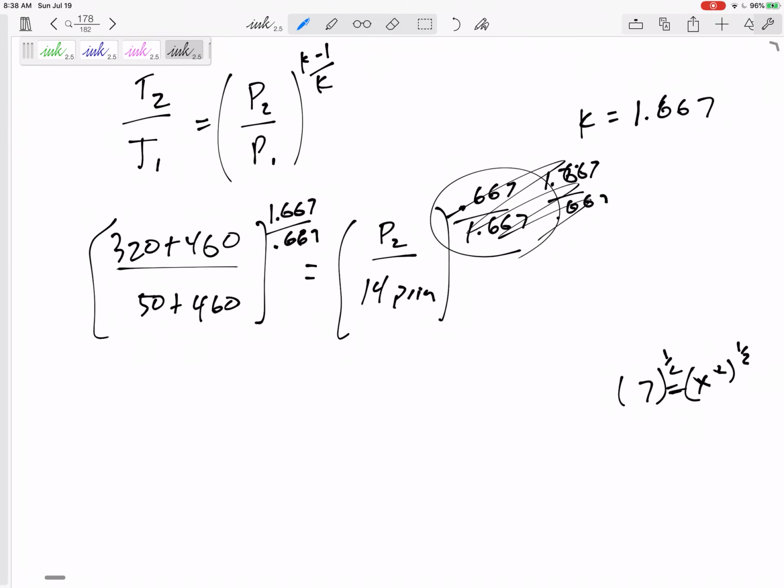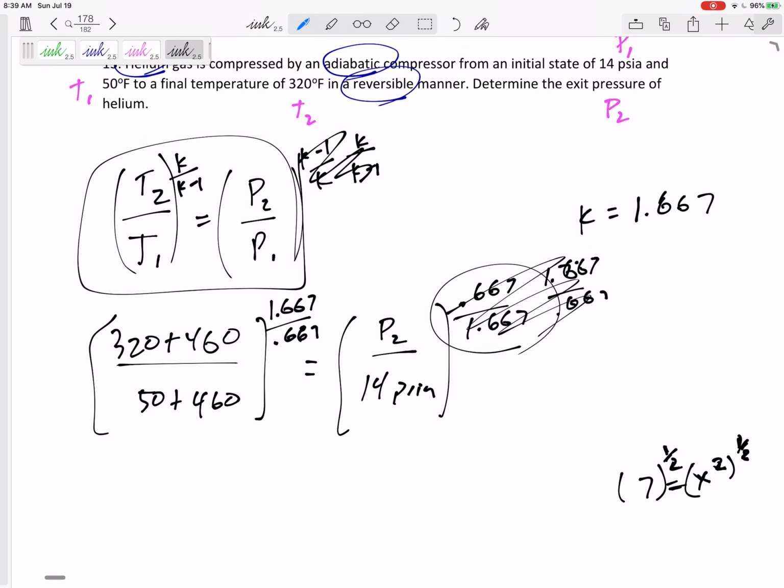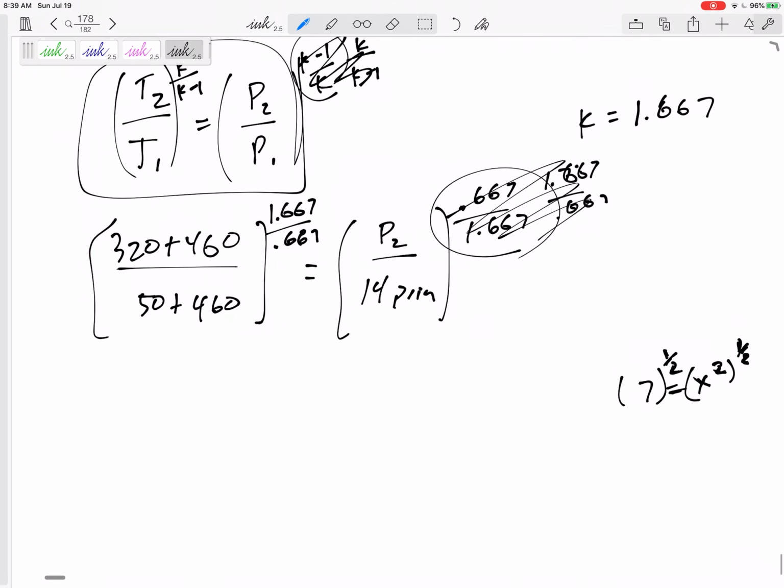What we're really doing is raising both sides to the K over K minus 1. So here's another equation: P2 over P1 equals T2 over T1 raised to the K over K minus 1. But again, you don't want to write so many equations on your formula sheet. Just know how to get into that mathematically to solve for P2.